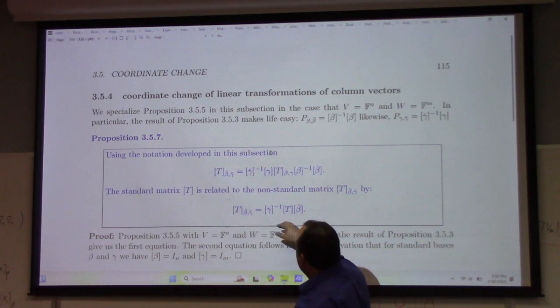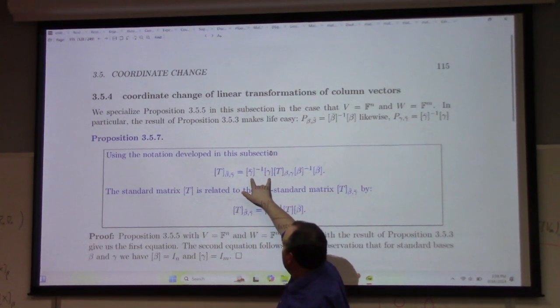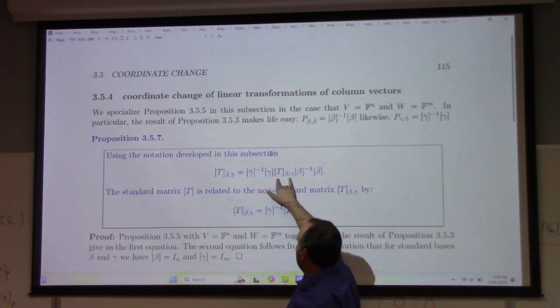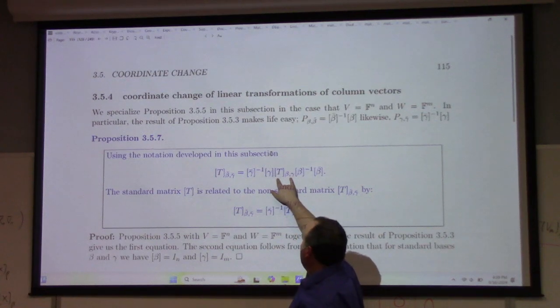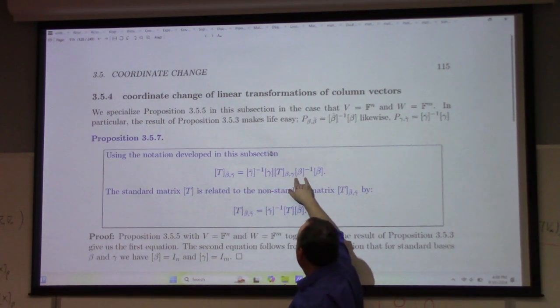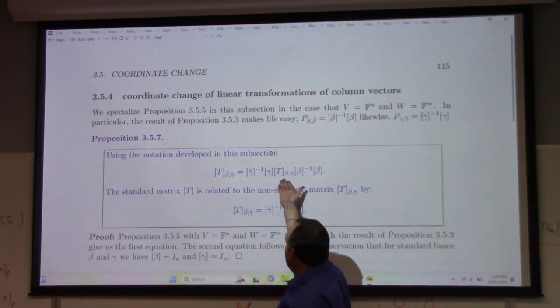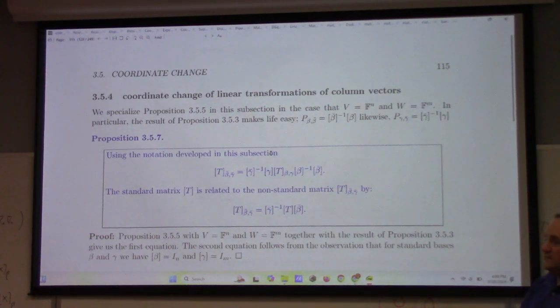This is the formula in the context of column vectors: you take the inverse of the new basis matrix, gamma bar, times the matrix with respect to the existing basis gamma, and then the inverse of the beta matrix times the new basis matrix beta bar. That is how you change coordinates in column vector space.